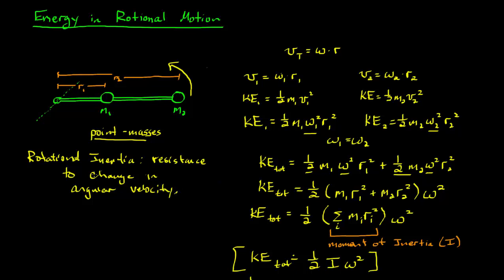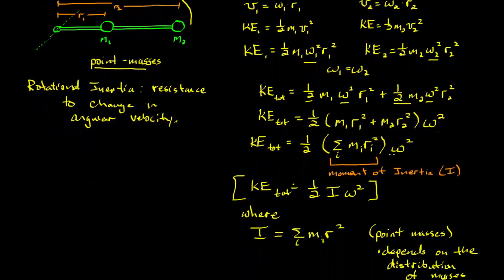So things that have really high rotational inertia are hard to rotate. Or if they're already rotating, they're hard to stop. And the opposite. If it has low rotational inertia, it's easy to spin and it's easy to stop. And so it all just depends on where the mass is distributed. And notice it's dependent upon the square of the radius of where it is. So that has a bigger effect than the mass.